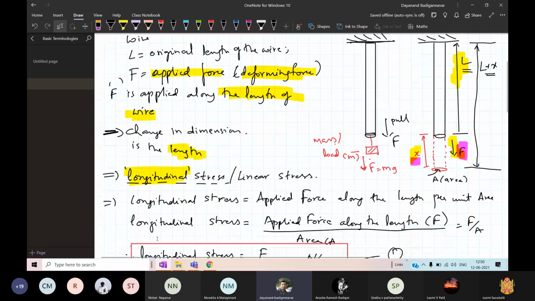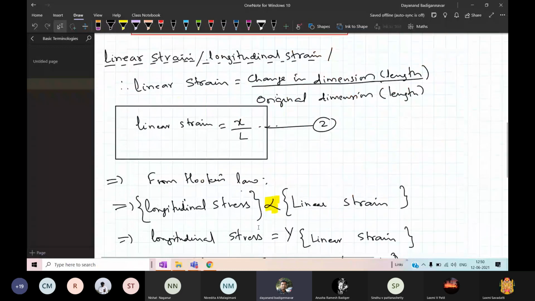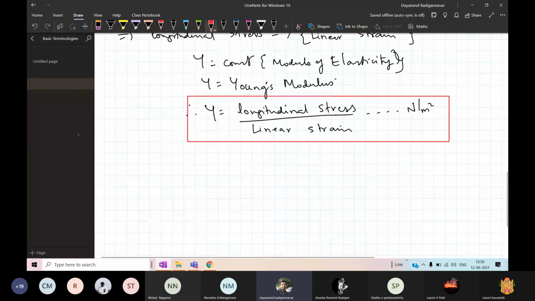So you can define Young's modulus as the ratio of longitudinal stress or tensile stress to the linear strain. This is how we define it, within an elastic limit.